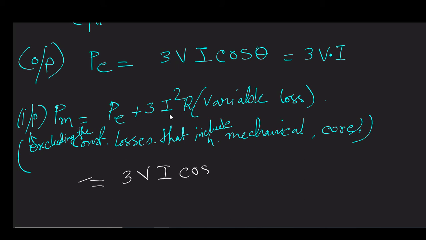so we can write this is equal to 3VI cos theta plus 3 I square ZS cos, no, wait a minute, not ZS cos theta.